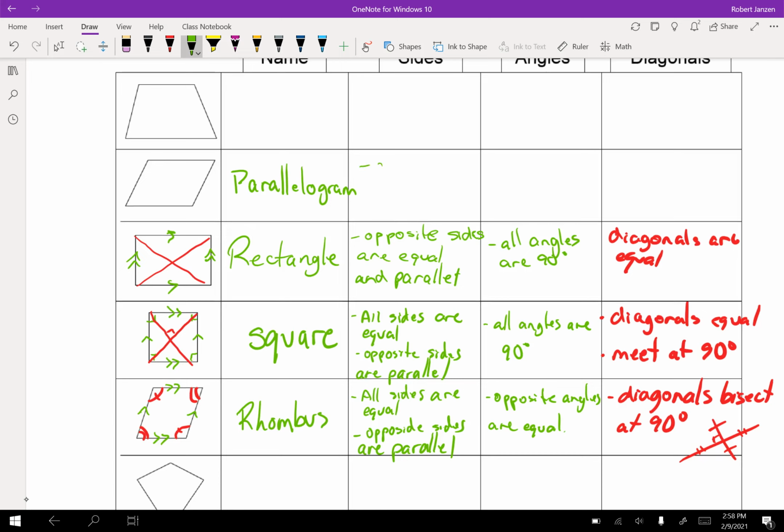Okay, all we can say here is opposite sides are equal and parallel. But all the angles aren't 90. We just have opposite angles are equal. Okay, and again we can say the diagonals bisect.